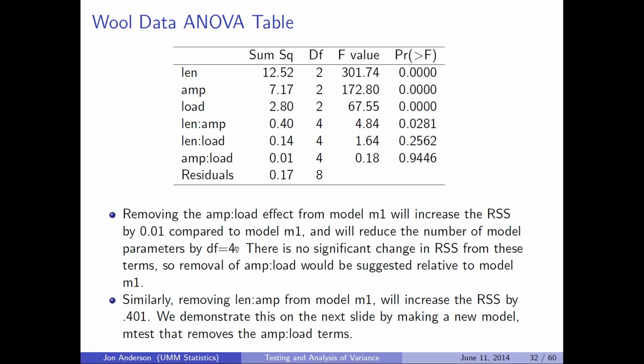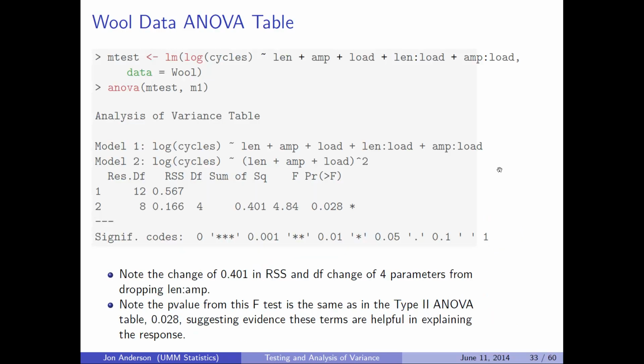If we removed length by amplitude, we would increase the residual sums of squares by 0.4. 4 terms would be removed if we got rid of it. The F statistic compared to this model's residuals would be 4.84, and the p-value would be quite small.